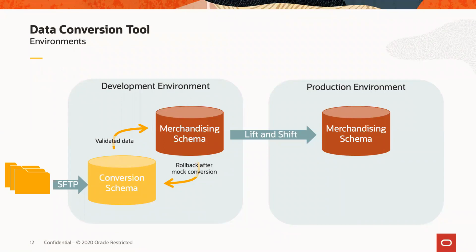They have a process for that, and it's been used a number of times with our customers. It does take the entire schema, so if you have additional data that you need to load that's not supported by the conversion schema, you can load that directly into the pre-production merchandising schema, and it will be included in the overall conversion.